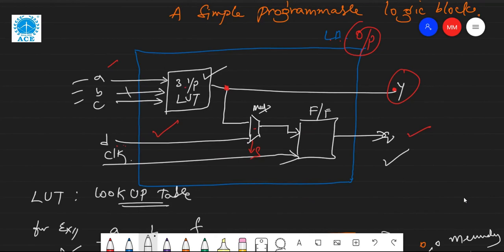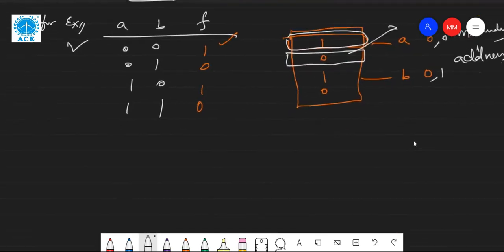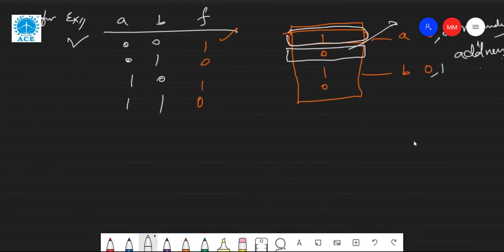Otherwise, let us see an SRAM based example. SRAM is one of the technologies in FPGA. I will give another example for better understanding of lookup tables, okay.